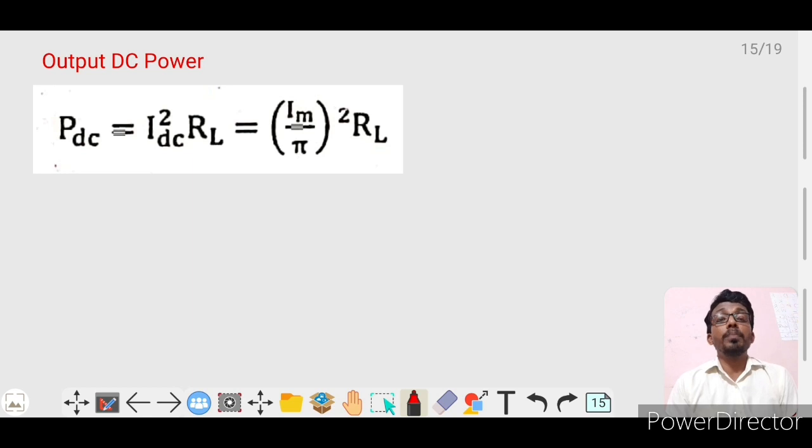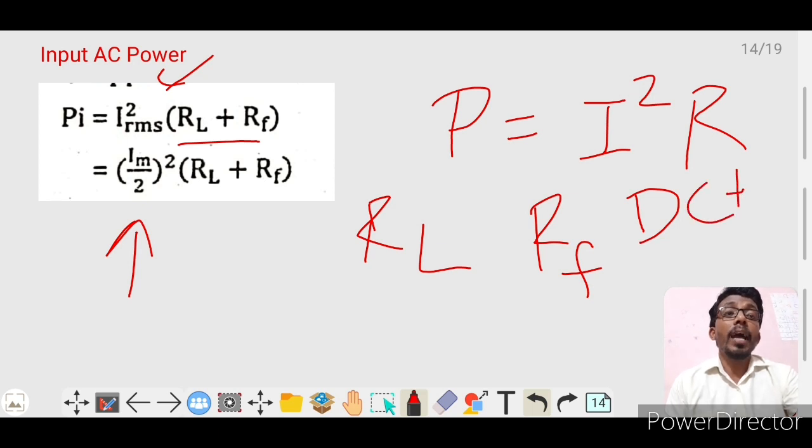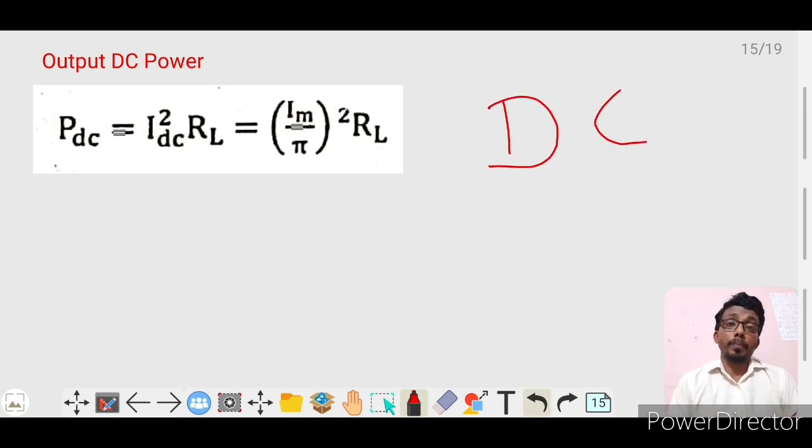Now the output DC power. See, here we considered the input AC power, which means both components, DC as well as AC. But in this section we are going to find only the DC component of power, whatever power we get due to the DC component.